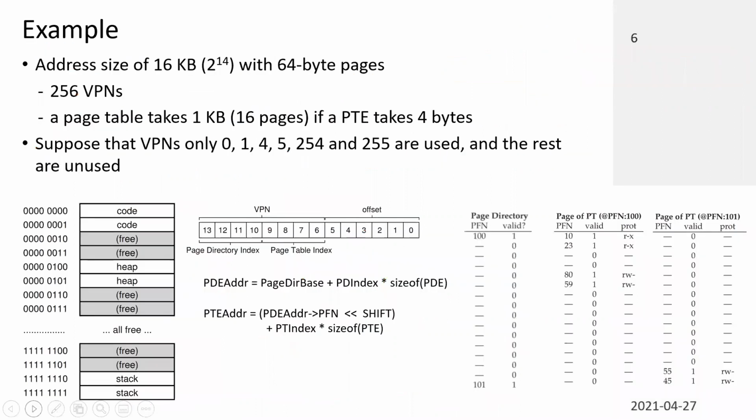So here's an example. Thinking about address space size. Sorry for the typo. An address space of 16 kilobytes, which is 2 to the 14, and here we have 64 byte pages. 64 bytes is what? 2 to the 6, I guess. Right?